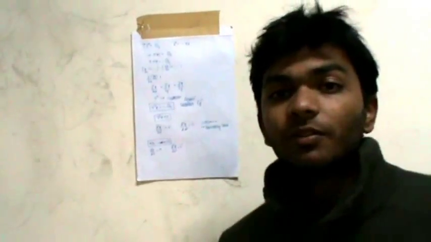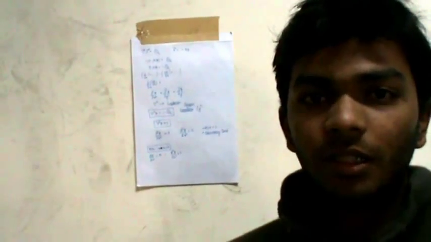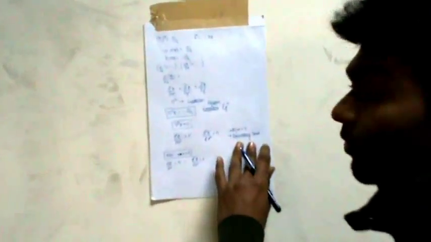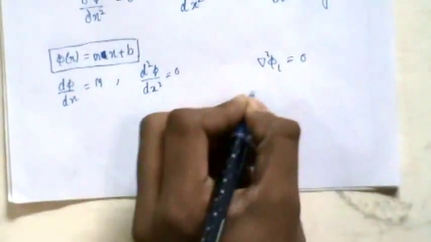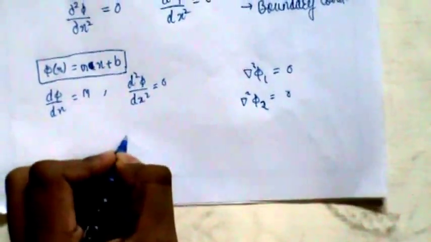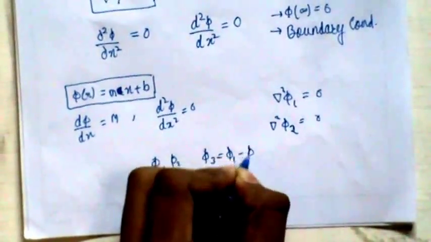Okay, the proof of the first uniqueness theorem, if you want, well, I don't think it's necessary for the exam, but just in case you need it, imagine there are 2 potential functions which satisfy this for the same conditions. So you can write del square phi 1 equal to 0 and del square phi 2 equal to 0, right? If there are 2 solutions, phi 1 and phi 2, you look at a phi 3, which is the difference of phi 1 and phi 2.